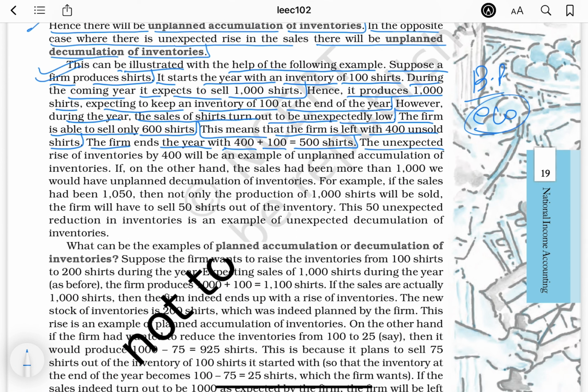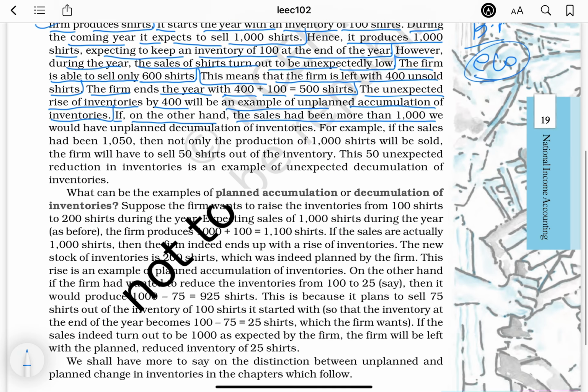The unexpected rise of inventories by 400 will be an example of unplanned accumulation of inventories. If, on the other hand, the sales had been more than 1000, we would have unplanned decumulation of inventories.